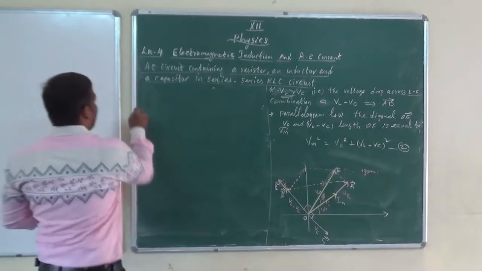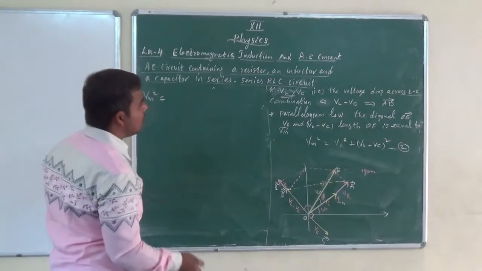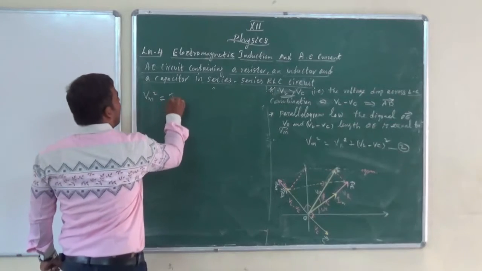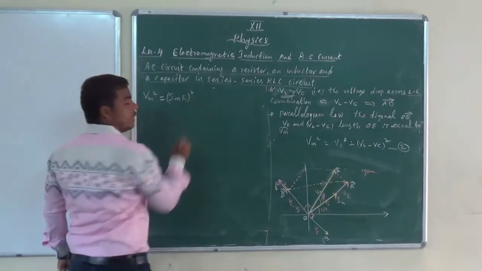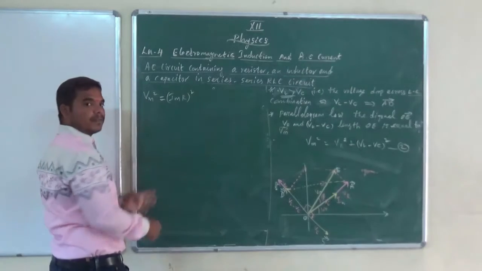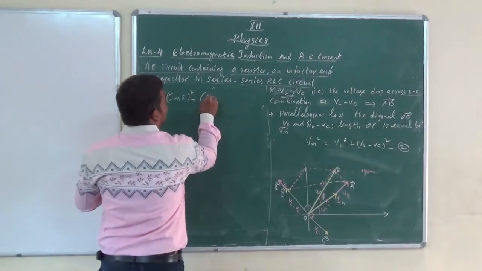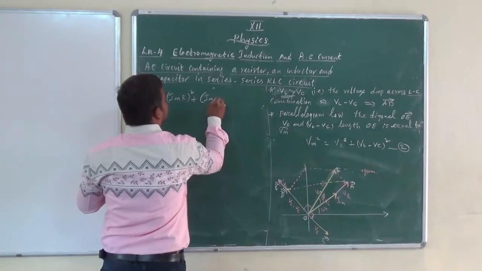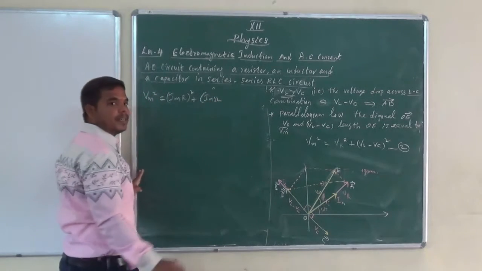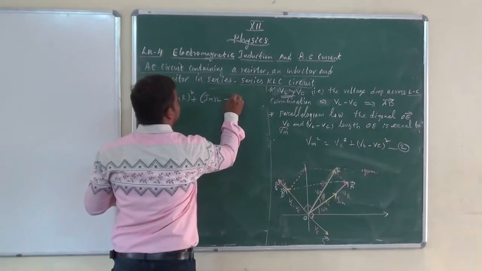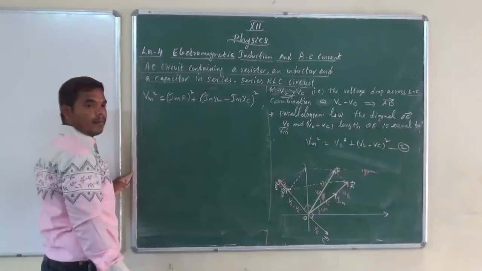Next, VM square on the left side equals the right side. VR is IM into R, whole square, plus VL, which is IM into XL, minus IM into XC, to the whole square.